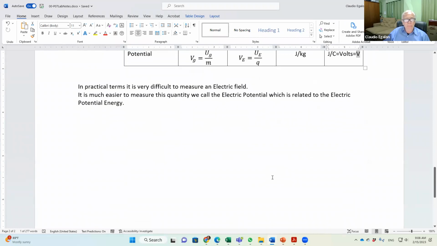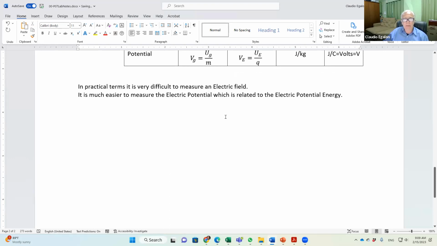What else do we have to know? Remember, in practical terms, it's very difficult to measure an electric field. However, it's much easier to measure the electric potential, which is related to the electric potential energy.